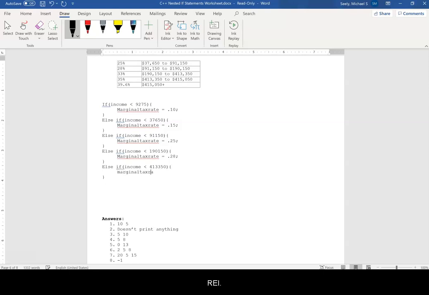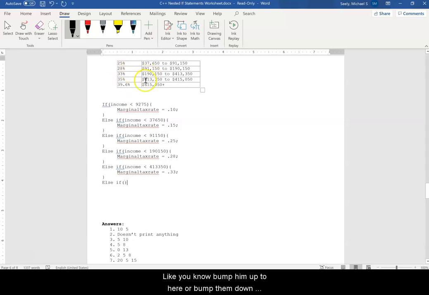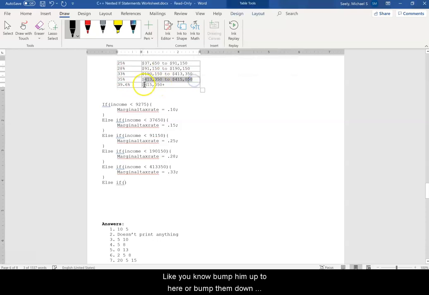Marginal tax rate is equal to 0.33. Else if, look at how ridiculous this next one is. You know, bump them up to here or bump them down to 33, but what's the point?